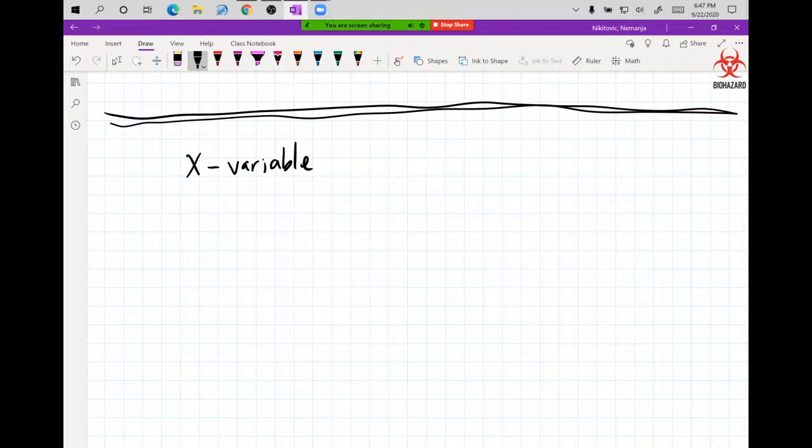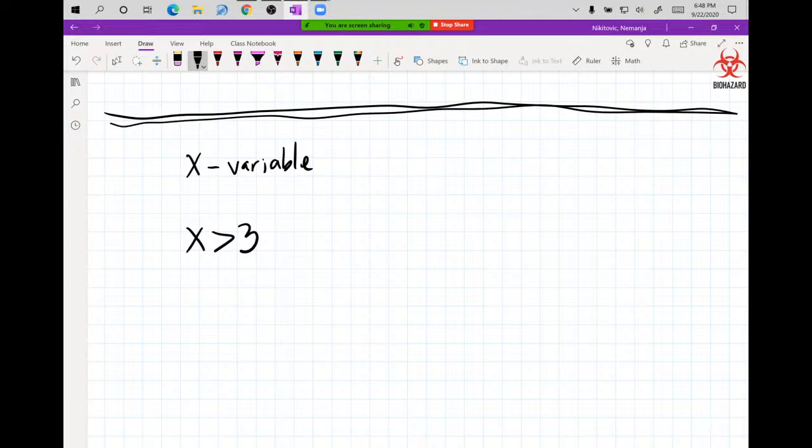But I can also give it a range of values that I want to consider. For instance, I can say x is bigger than 3. Can you give me a value bigger than 3? 4. Give me another one. 5. Great.